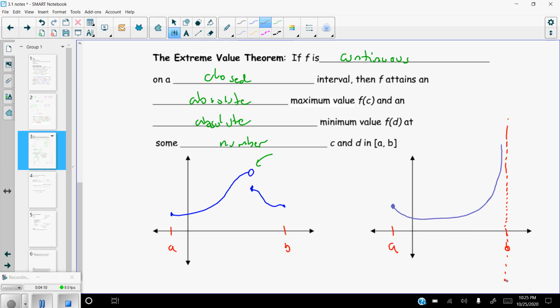So it's definitely a continuous function. Doesn't ever look like it's going to stop, and it won't. But it is not closed, because this thing will never actually get to b, so it's not a closed function. Again, it looks like it has an absolute minimum someplace down there in between a and b. It's just not guaranteed by the extreme value theorem. And again, there's no absolute maximum because this thing just goes on forever.